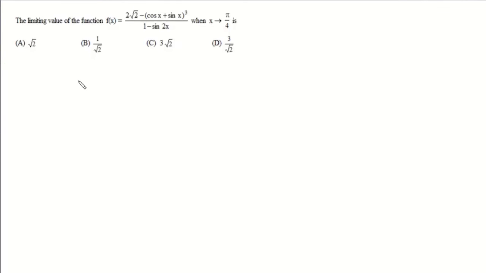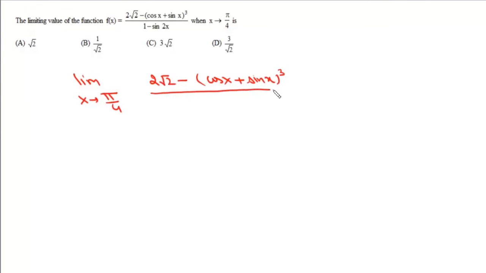Now here the question is, we need to find the limiting value of this function f(x), limit x tends to pi by 4, and it is (2 root 2 minus (cos x plus sin x) whole cube) divided by (1 minus sin 2x).